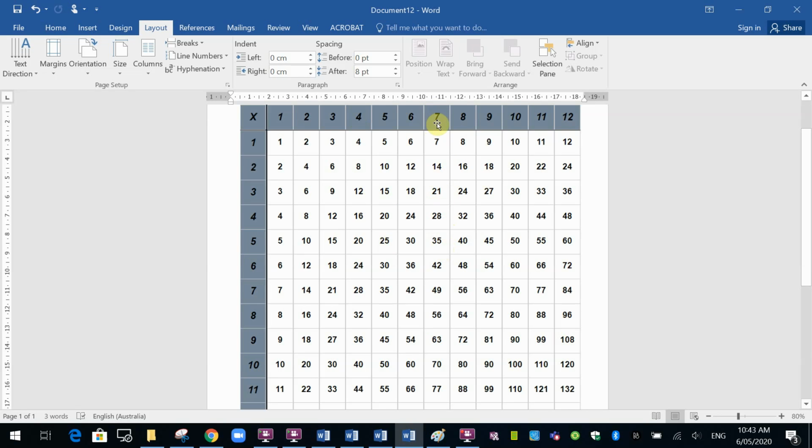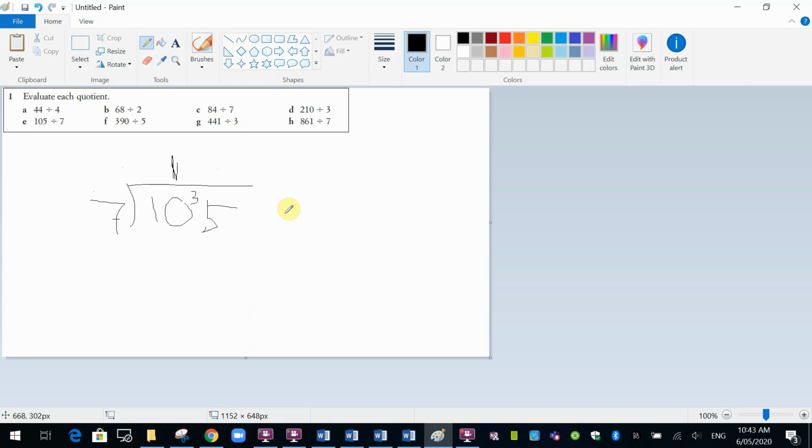So that's how we do it. We're dividing by 7, we look at the 7 times table, we go down till we find 35. That's an exact match. So 35 divided by 7 is 5. And there's our answer, 15.